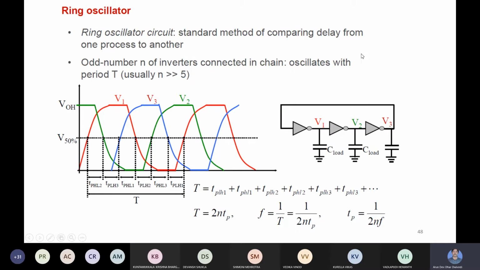We can see. So I can take a pointer also. So first inverter, second inverter, third inverter, and in this fashion it is a three-stage ring oscillator, but it can be designed with any odd number of inverters connected. 3 stage, 5 stage, 7 stage, 11, 17, 51 stage or higher.